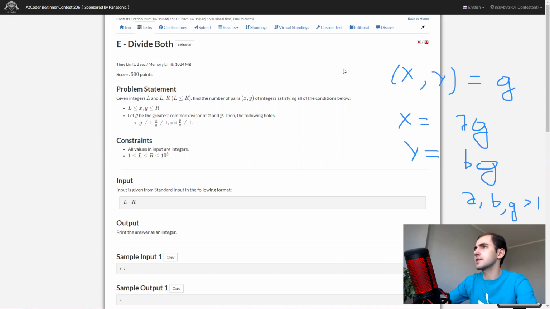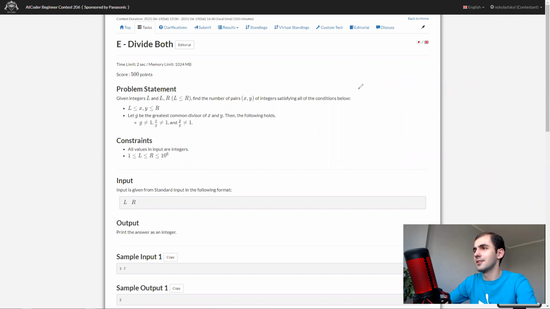So maybe this is something like 2 times G and 3 times G, and then G is not equal to 1. So yeah, this is a counting problem that is completely abstract, so I believe it does not appear in the interview setting.